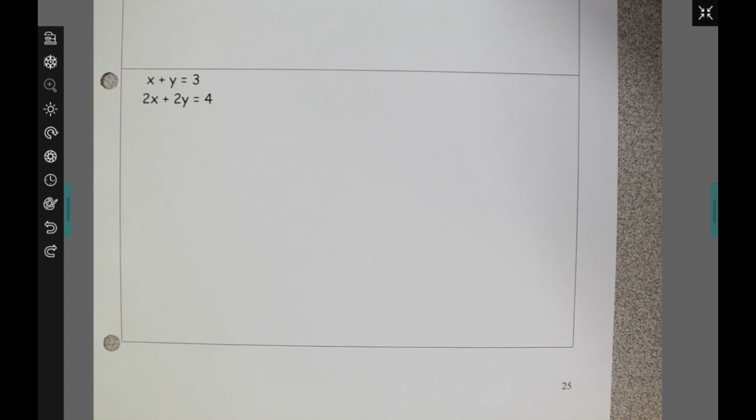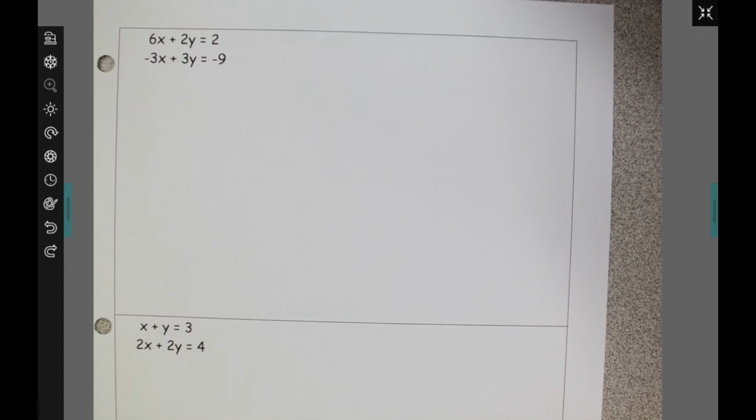So we're going to do a couple more, a little different on these, okay? So let's look at this top one right here. You look at them. If you add them together, nothing goes away. Okay, so since nothing goes away, I need to multiply by something.